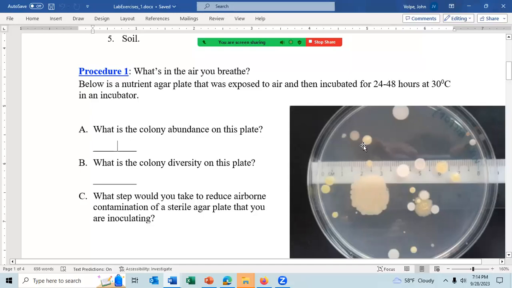And this one is circular, that's irregular too, as well as the size difference. There is a real small one, and there's a real small one, and there's a real small one. I'm going to assume that these small ones might be the same colony because they look pretty similar.